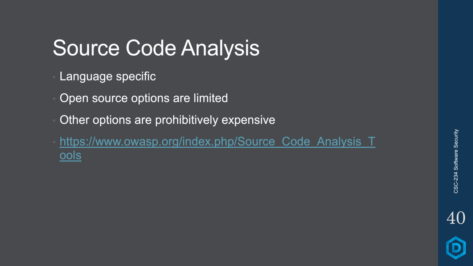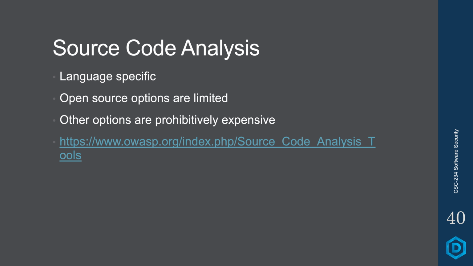There are some tools out there that can do some of this source code analysis for us. They are language specific, so depending on what programming language you're using, if you're using PHP for your website or some ASP.NET for your website, C# code, whatever it may be, there are some tools out there that can help with this. They're not always open source though.